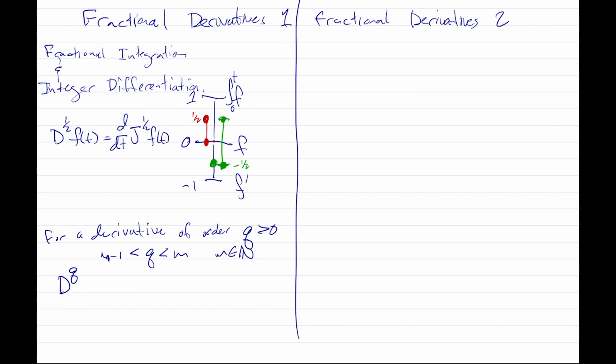Then we apply the qth derivative to f, and so this needs a certain number of differentiations and a certain number of integrations applied to f. So what I'm going to do is differentiate m times, and then integrate of order m minus q. That should give me what I want.